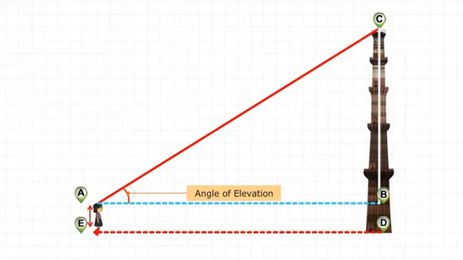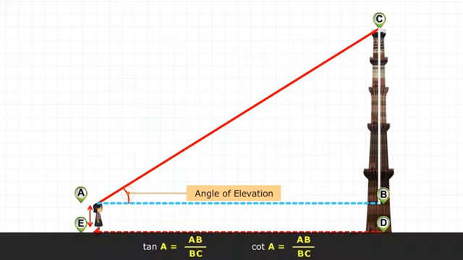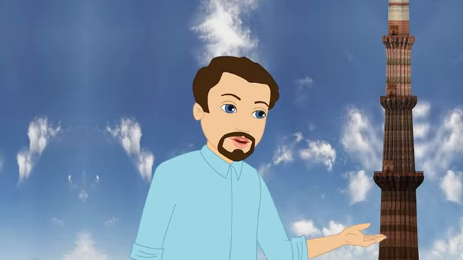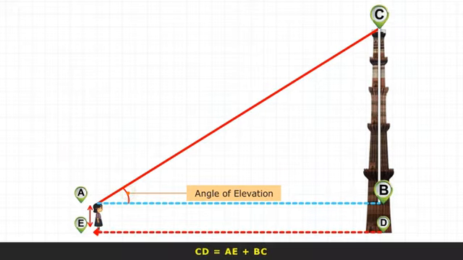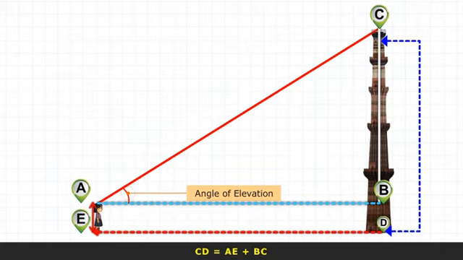Tan A and cot A, as tan A equals AB upon BC. Correct. On solving these equations, we will get the value of BC. And adding BC to AE, we will get the height of the minar.